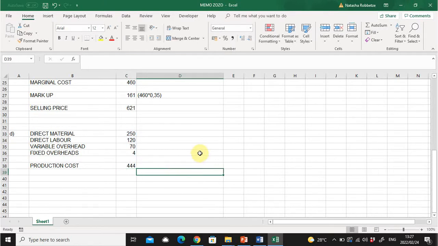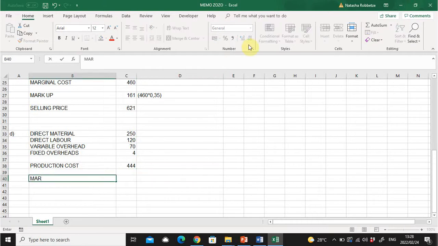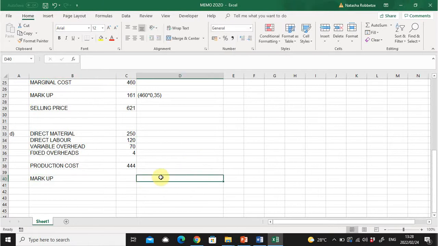Which is 444. We have to calculate our markup. And the markup should be 90% of production cost. 444 at 90%.